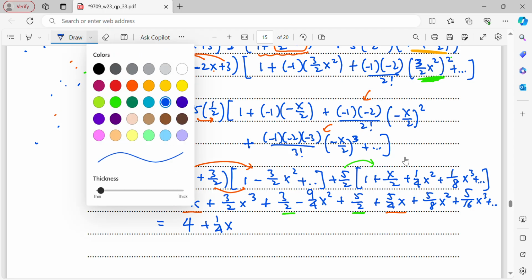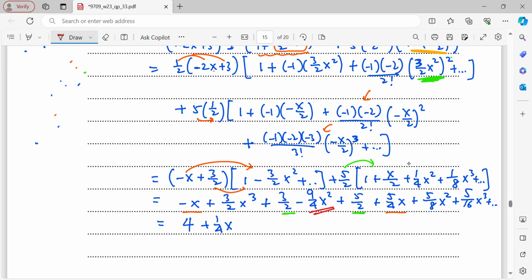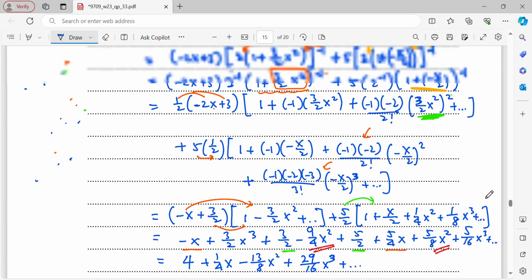Then for the x squared, the summation of these two terms, you will be getting negative 13 over 8 x squared. Lastly, for the x cubed, you will be getting 29 over 16 x cubed. So this will be the expansion up to x cubed.